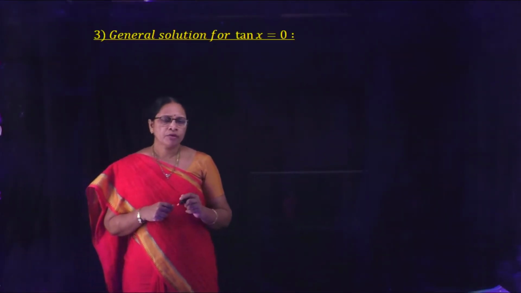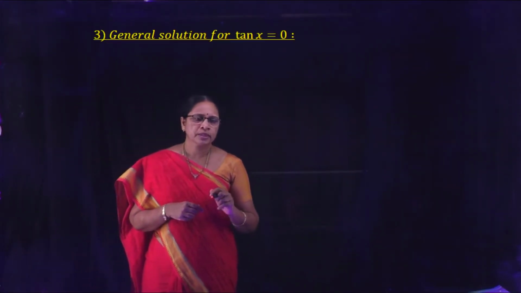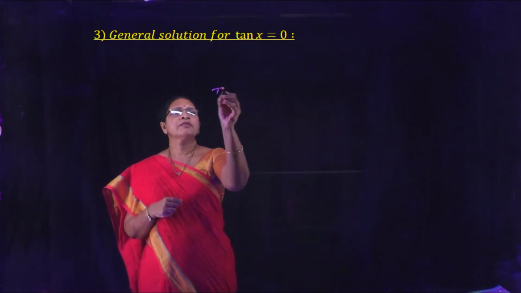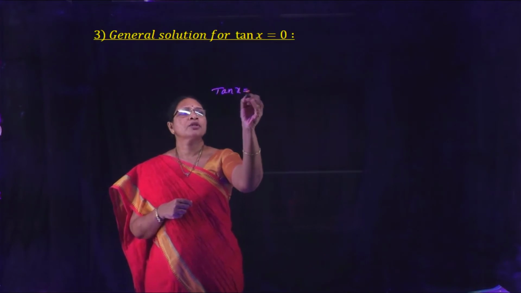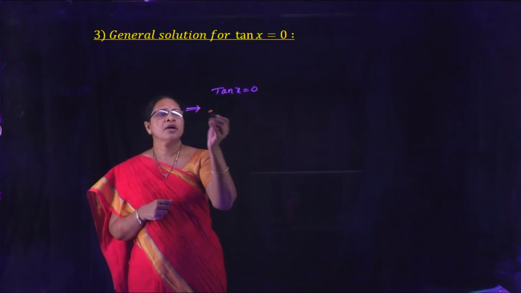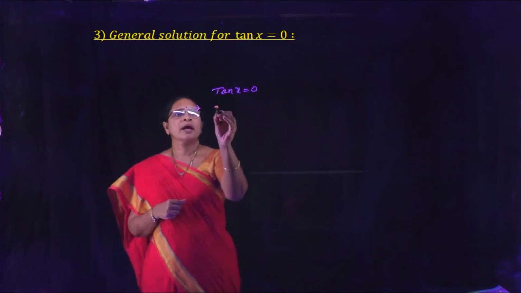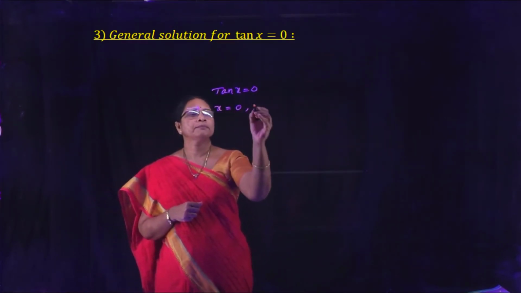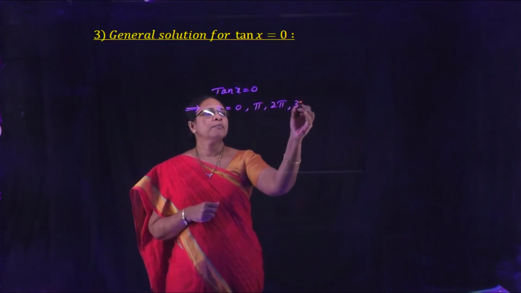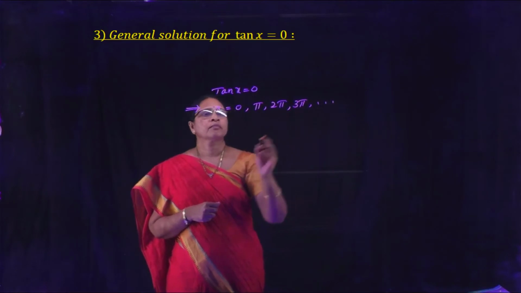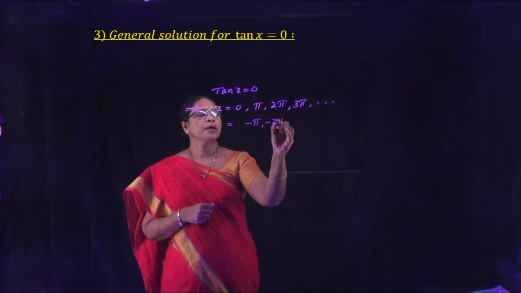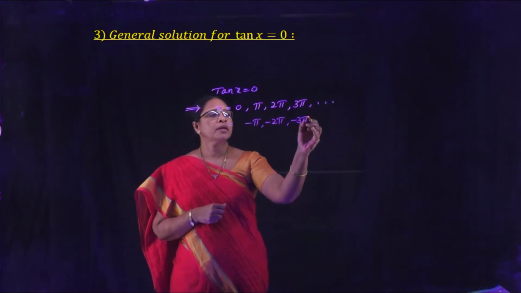Similarly, we can find the general solution for tan x equal to 0. Here the equation is tan x equal to 0. The values of x satisfying this equation are x is equal to 0, pi, 2 pi, 3 pi, and so on, and also minus pi, minus 2 pi, minus 3 pi, and so on.